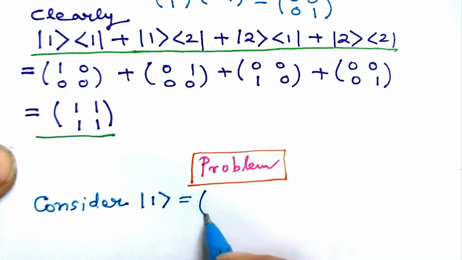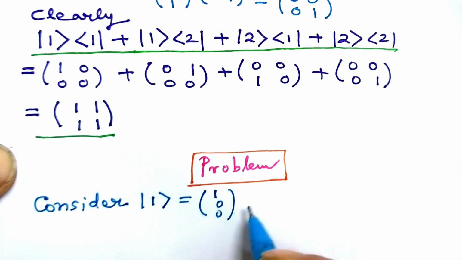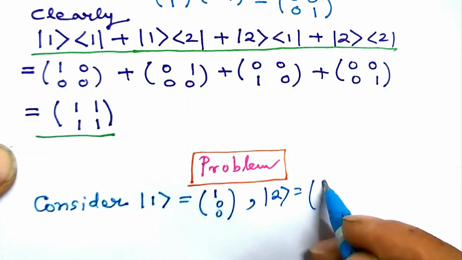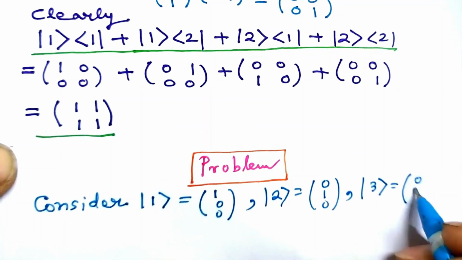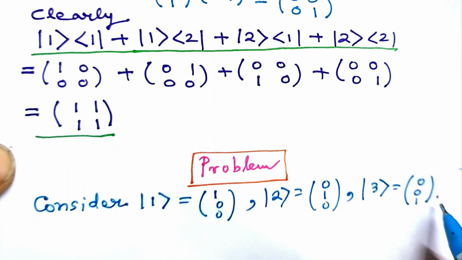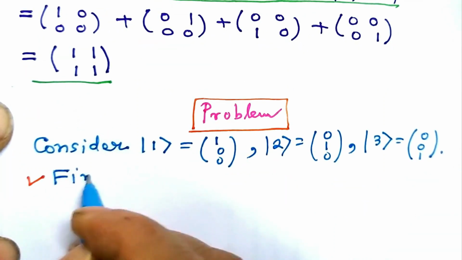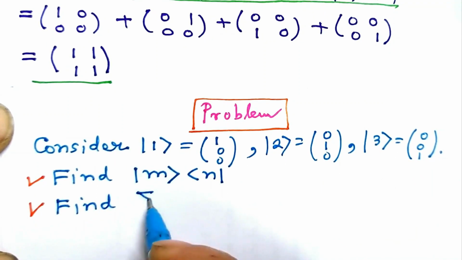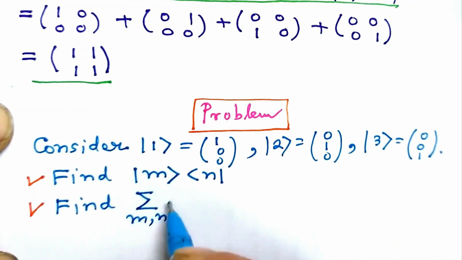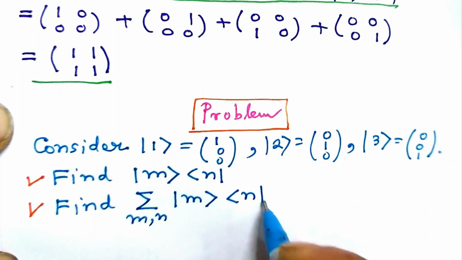Consider ket 1 to be the column 1, 0, 0, ket 2 is the column 0, 1, 0 and ket 3 stands for the column 0, 0, 1. The question is, find ket m bra n. Also find the summation over the dummy indices m and n, ket m bra n.